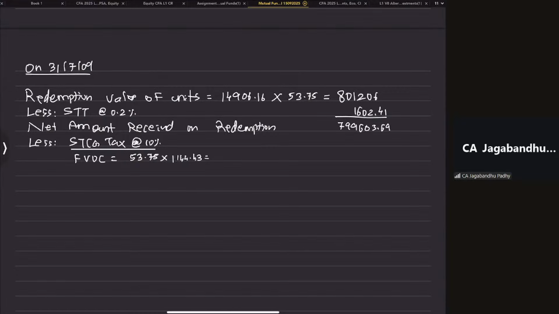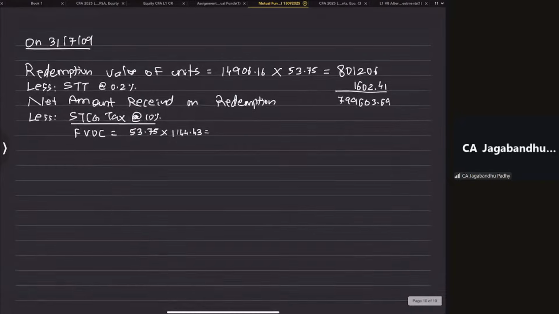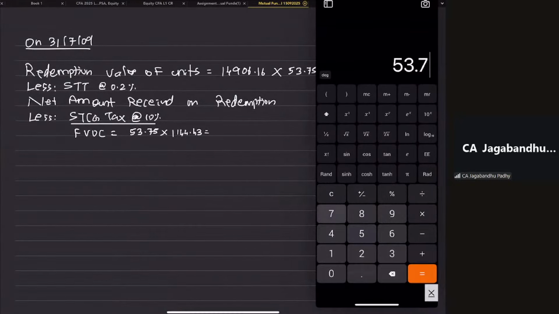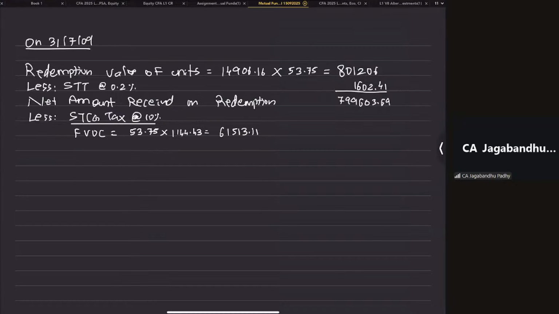So full value of consideration is 53.75 into 1144.43, which is 61513.11. That's the full value of consideration.